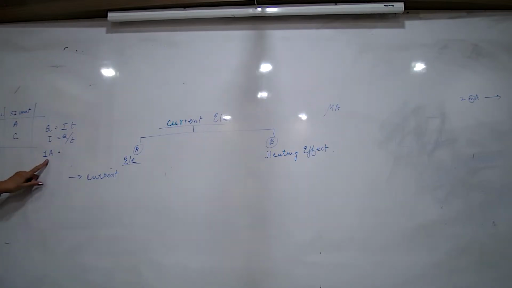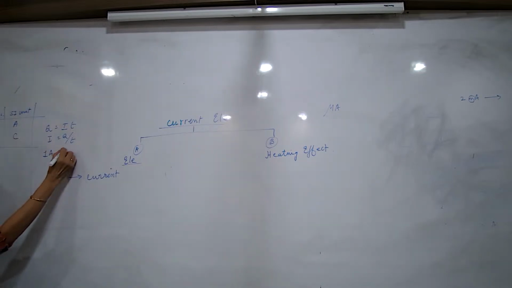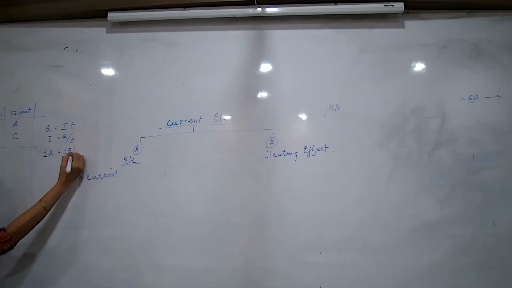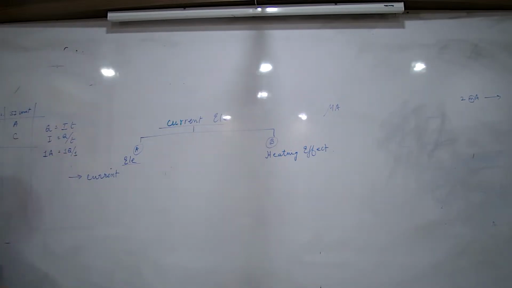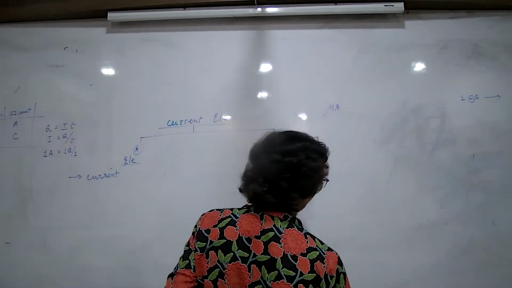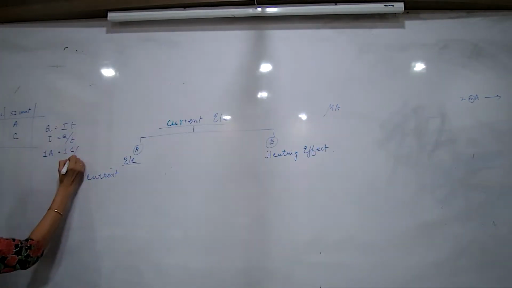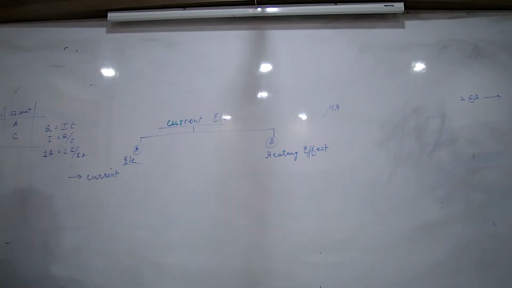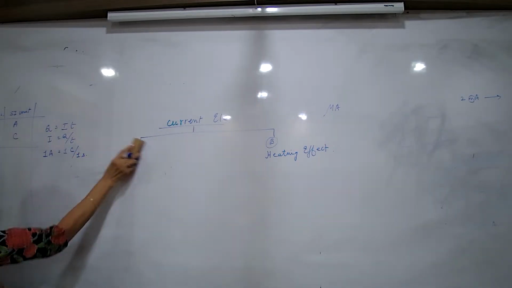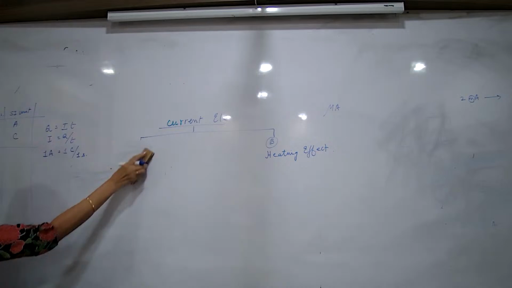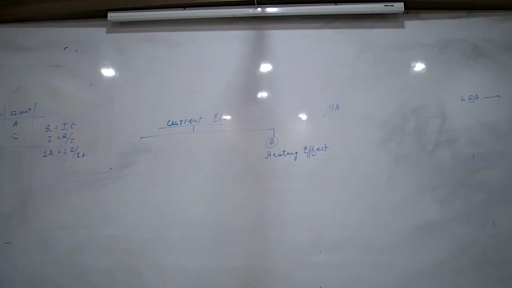So by looking at this formula, I is equal to Q upon T. Therefore, 1 ampere is equal to 1 coulomb divided by 1 second. So that basically gives you your definition of 1 ampere. Have you written it down?